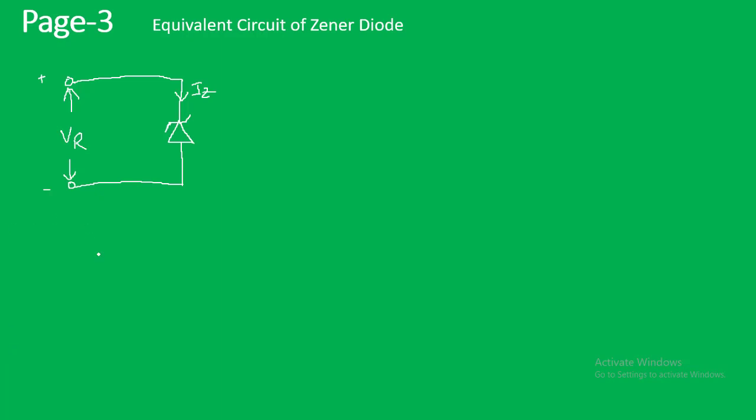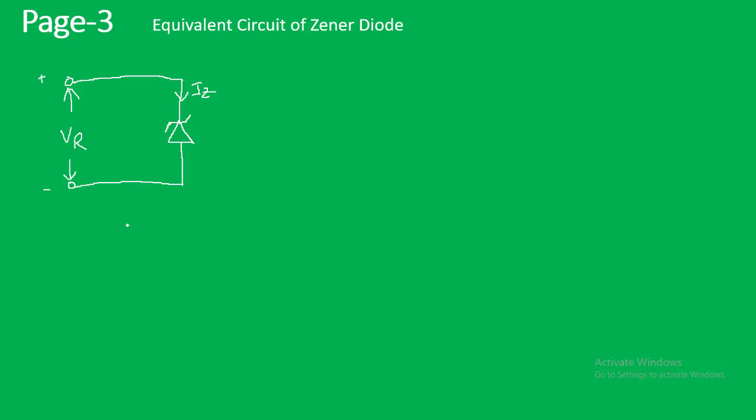Now if we go to the equivalent circuit of a Zener diode, this is a simple circuit of a Zener diode. As we have already seen, a Zener diode is always reverse biased during normal working, and Vz denotes the Zener voltage and Iz denotes the Zener current.